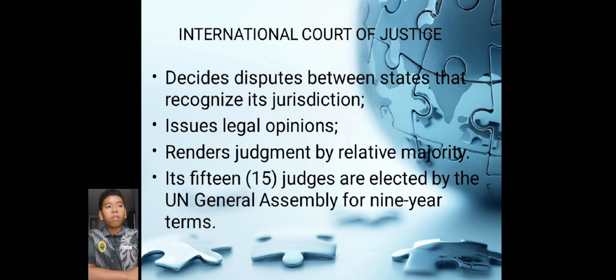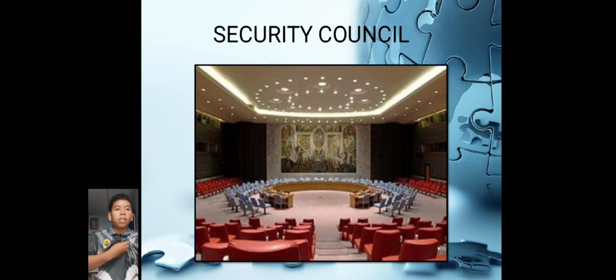The International Court of Justice decides disputes between states that recognize its jurisdiction, issues legal opinions, and renders judgment by relative majority. Its 15 judges are elected by the United Nations General Assembly for a 9-year term. And the Security Council.